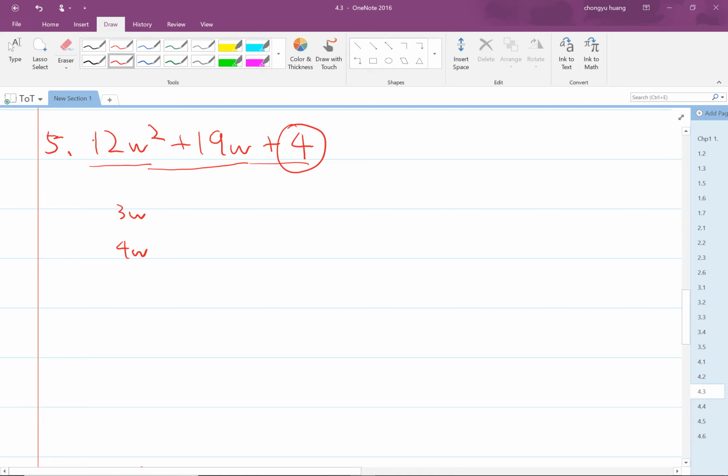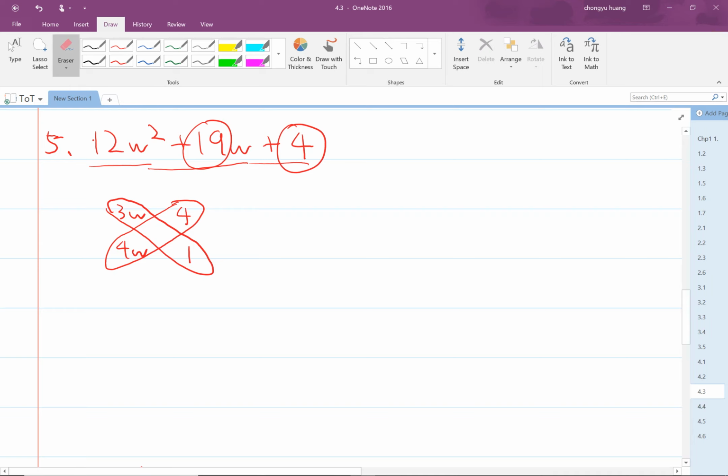Right away you should know that we should put 4 at the top, because 4 multiplied by 4 is 16, and 16 plus 3 is 19. That's exactly what we wanted, because the number we want to get is 19. That's basically the logic.